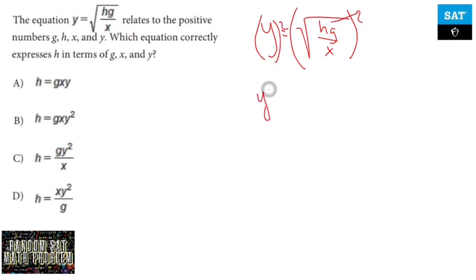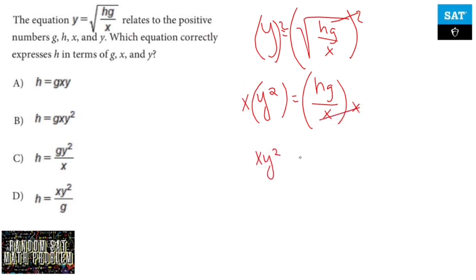So now I have y squared on the left, which equals hg over x. Let me get rid of x by multiplying both sides by x. On the left side, that gives me x times y squared. The x's on the right cancel out, leaving me with hg. What am I getting by itself? H, so let's divide everything by g. And now I have xy squared over g, which is D.